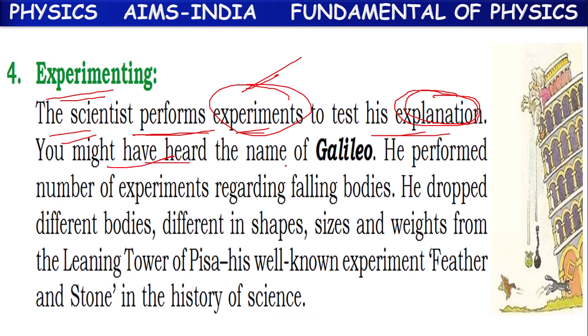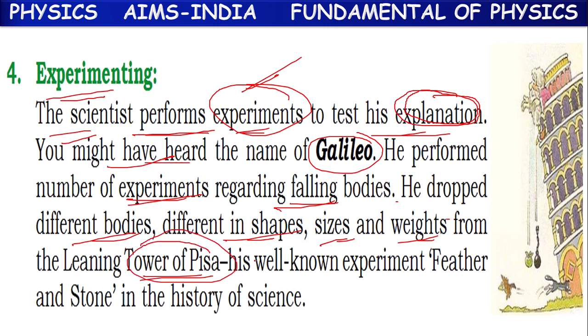You might have heard the name of Galileo. He performed a number of experiments regarding falling bodies. He dropped different bodies of different shapes, sizes and weights from the Leaning Tower of Pisa. He did a well-known experiment there with a feather and a stone.